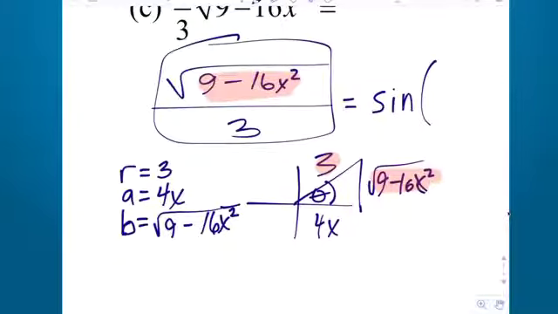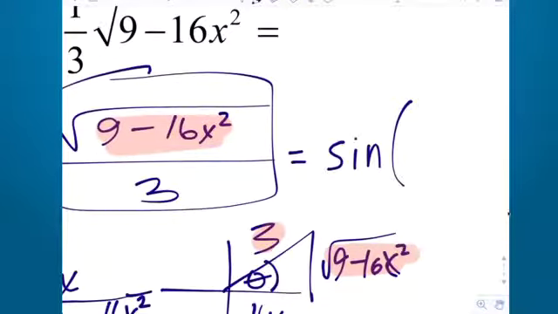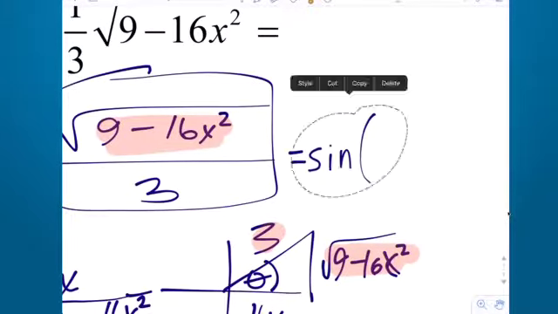Now we want to generate the easiest ratio. Your easiest ratio is always going to be your power of x over your constant. So what would that be here? It'd be 4x over 3, right? 4x over 3. That would be x over r. Which trig function is x over r? Cosine. So we're going to put inverse or arc. I'll put the arc here this time.